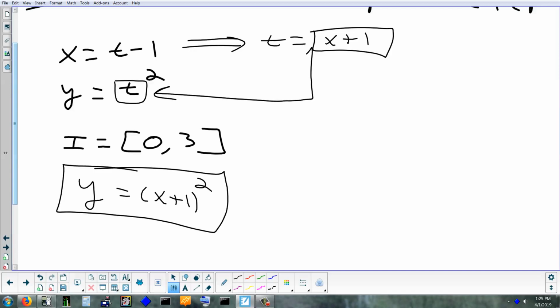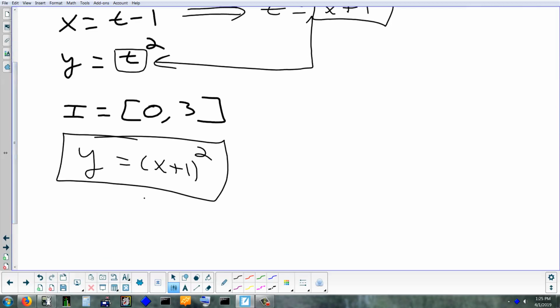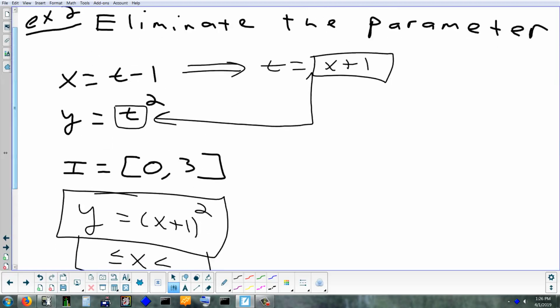Now, is it the whole parabola, or should it just be a section of it? Just a section. So you have to tell me what that section would be. From what to what? What value is going to control it? Look at your interval. What number in that interval is going to control where my graph starts? 0.